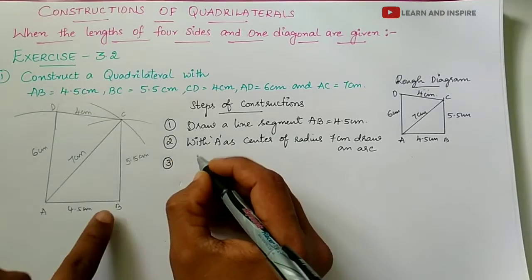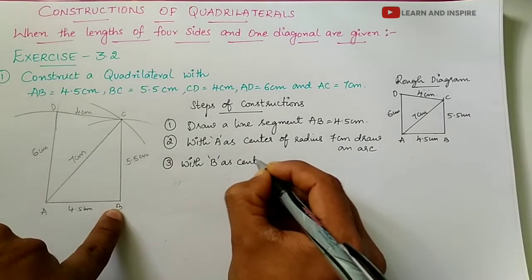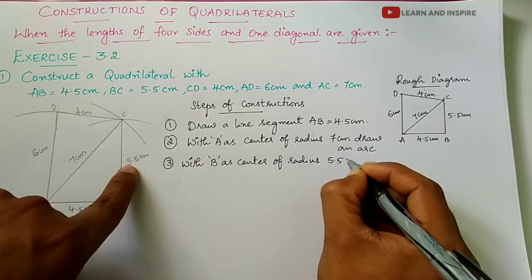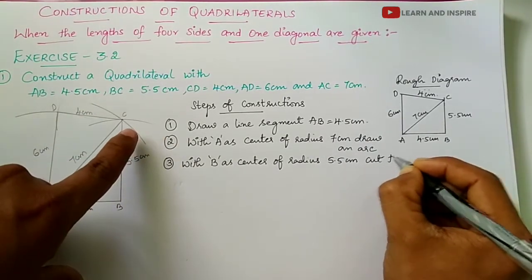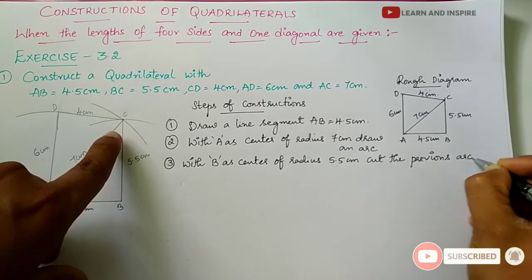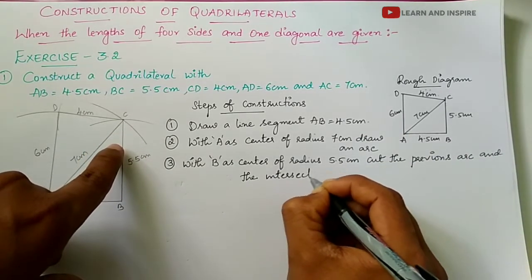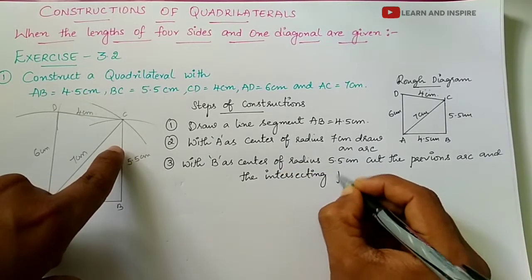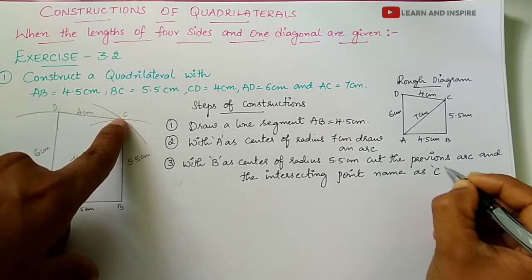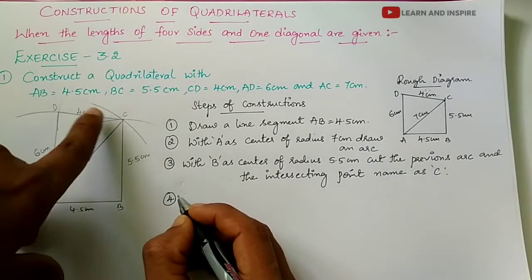Step 3, with B as center of radius 5.5 centimeters, cut the previous arc and name the intersecting point as C. Step 4, what do we write after the intersecting points?